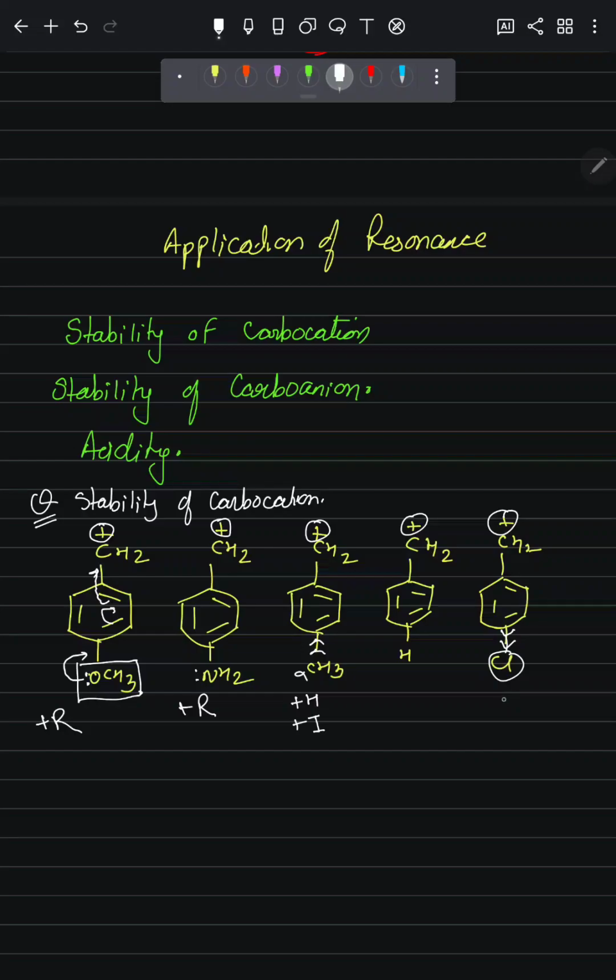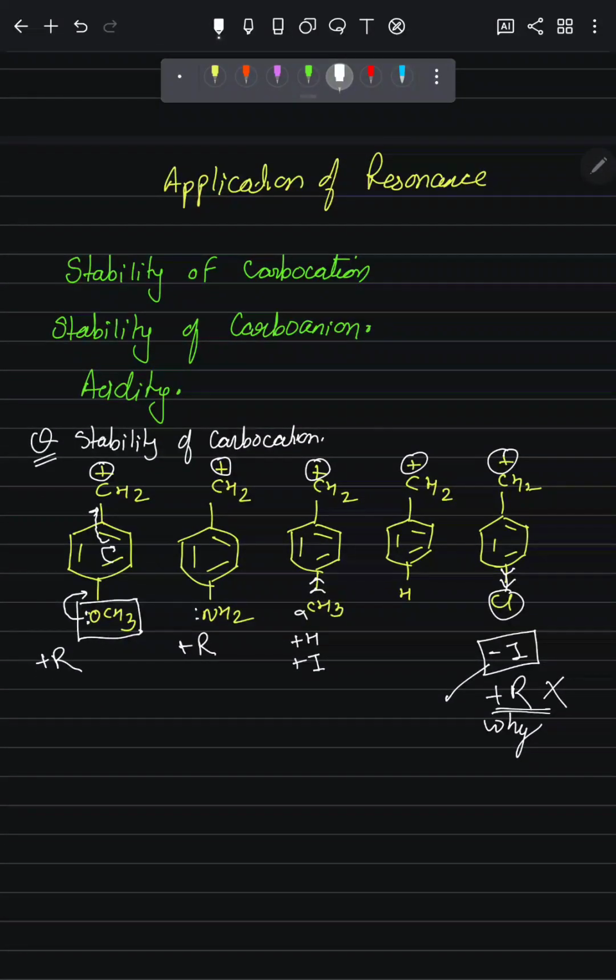So this is a minus I effect, because it is not a minus R or plus R effect. Why? Because a halogen attached like this has a more dominant minus I as compared to plus R. So we only consider minus I, and we do not consider plus R here.